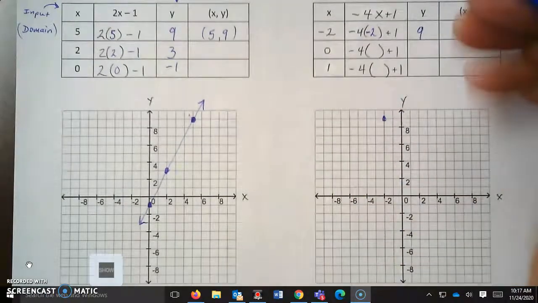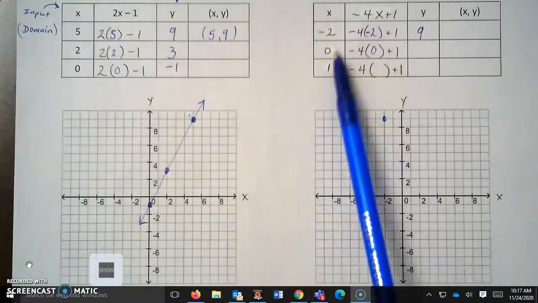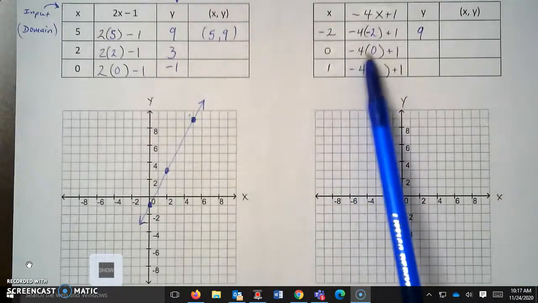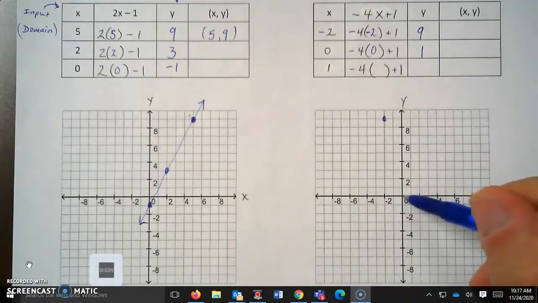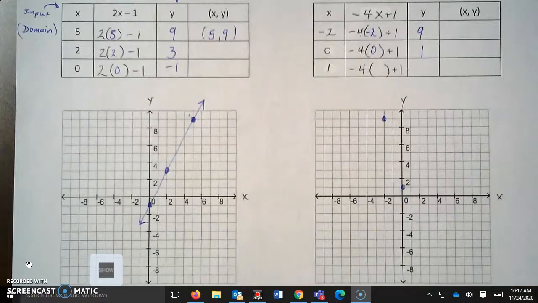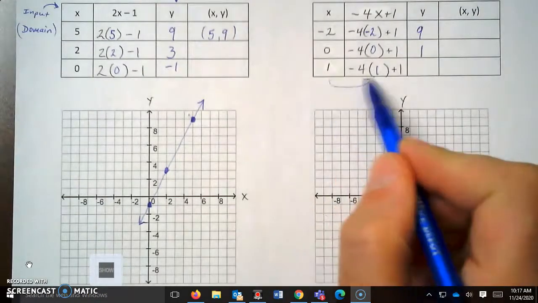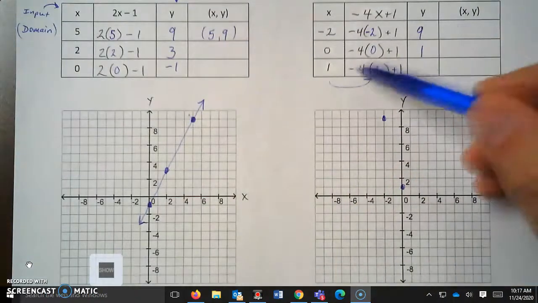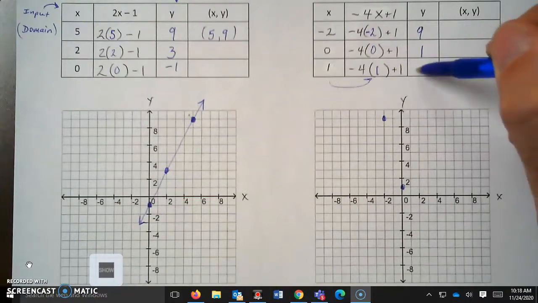And 0, again, 0 is a good number. It's in all of your homework problems. Negative 4 times 0 is just 0, and 0 plus 1 is 1. And 0, 1 is right there. And negative 4 times positive 1. See, I'm just taking these numbers and putting them in for x. Negative 4 times 1 is negative 4 plus 1, negative 3.